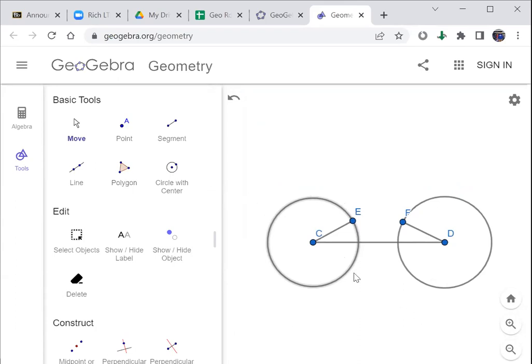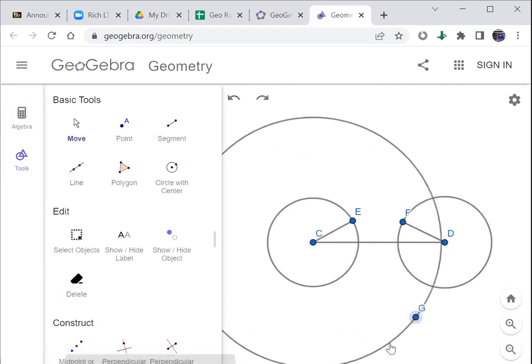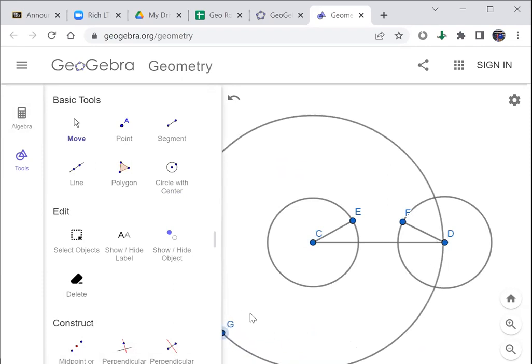So let's say I create another circle that does overlap. I'm just going to move that G out of there, it's kind of distracting.